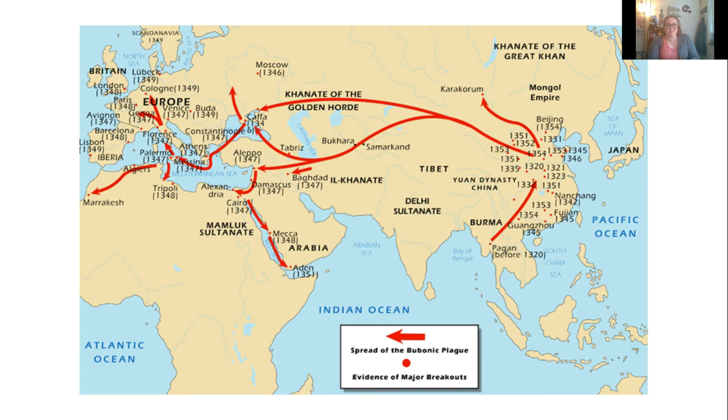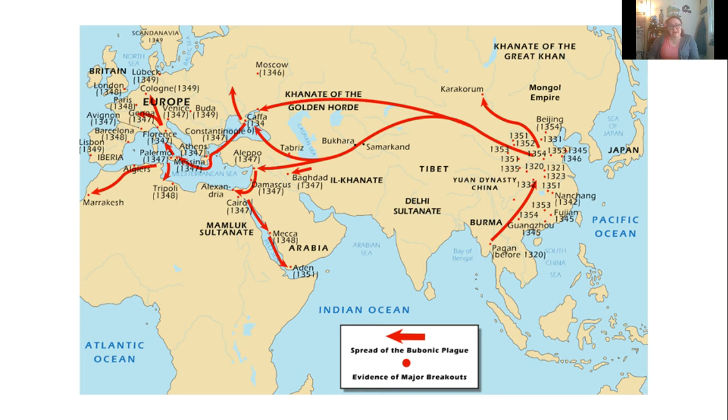Never mind that the bubonic plague didn't hit its height or hit in Constantinople until 1347, whereas in some provinces in Asia, Southeast Asia, and China, you see it before 1320, 1321, 1323.